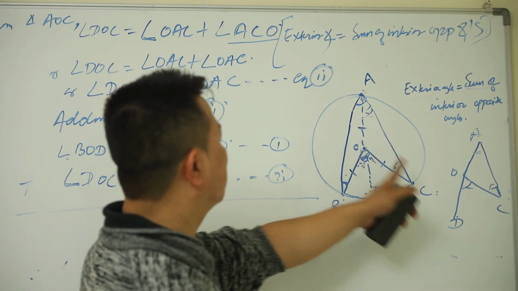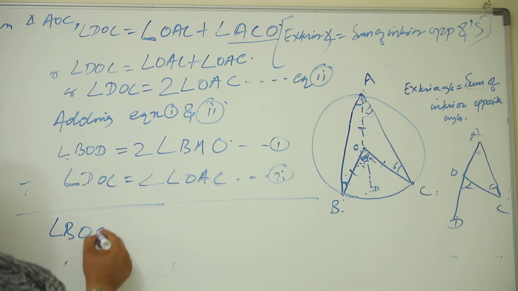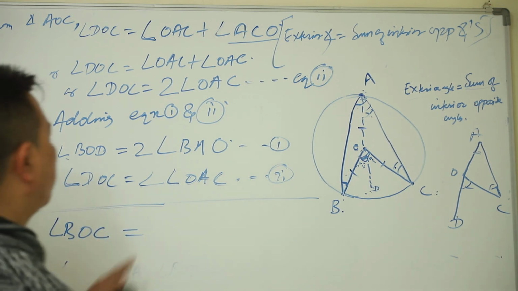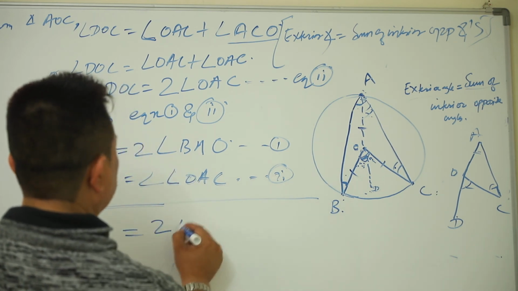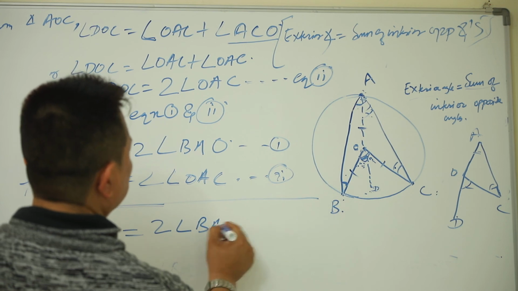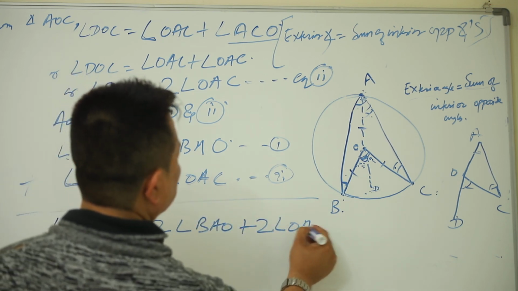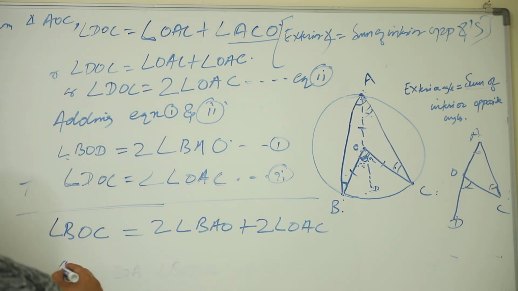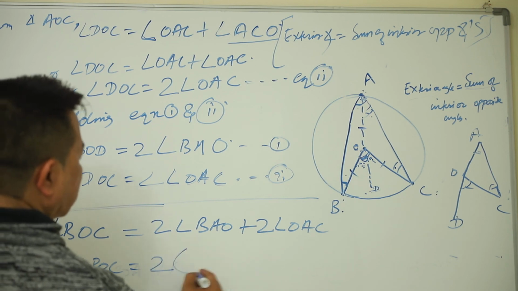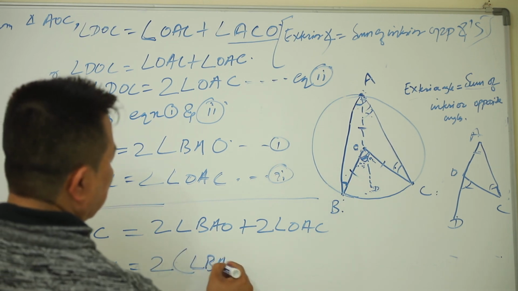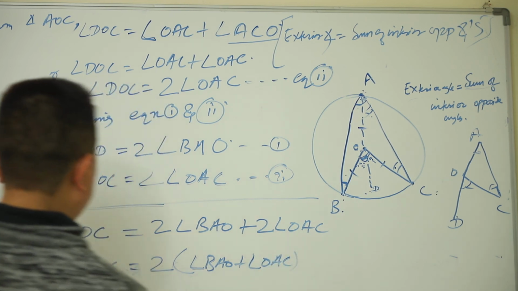Angle BOC. So angle BOC equals twice angle BAO plus twice angle OAC, that is angle BOC equals 2 times angle BAO plus angle OAC.